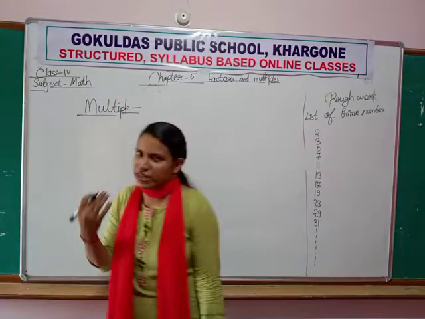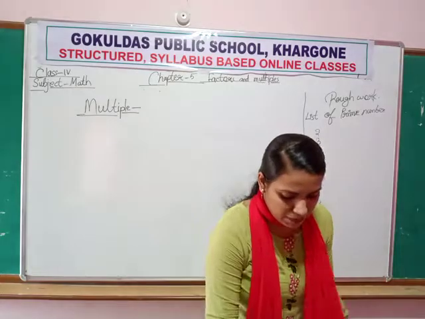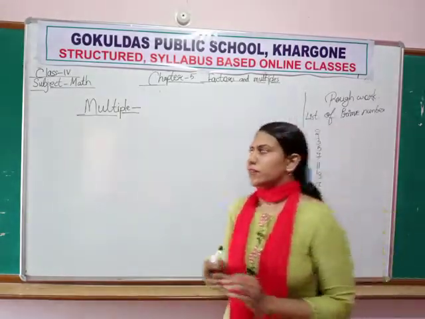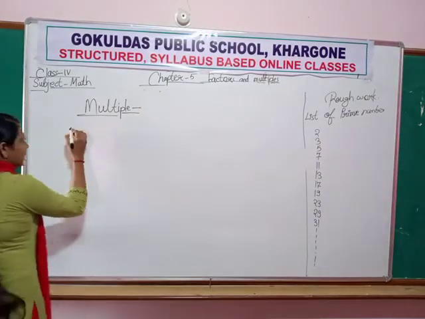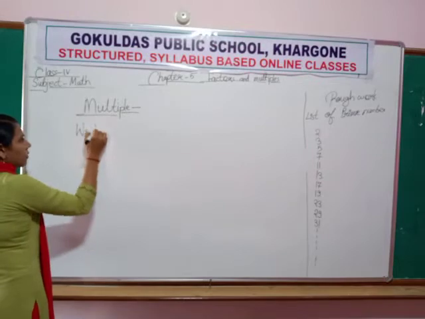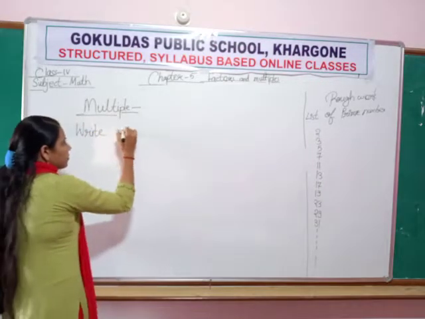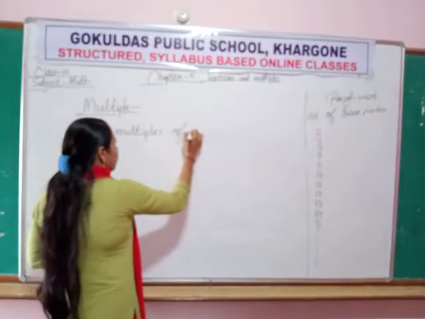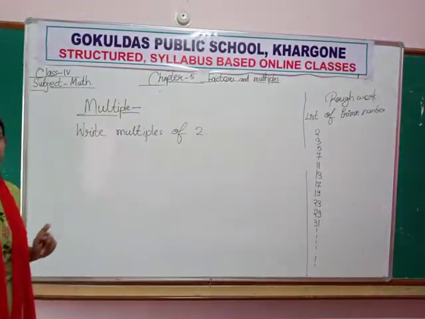What does multiple mean? Multiple means nothing but table. Suppose you want to write multiples of the number 2.